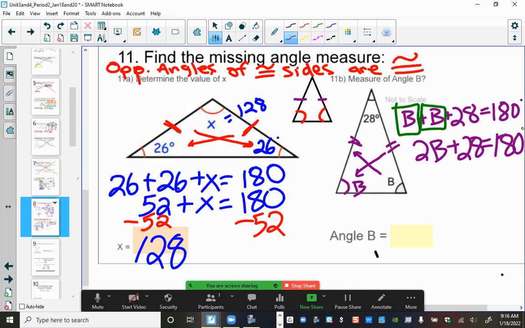I want you all to try to solve for B. Again, we can practice our two-step equations.